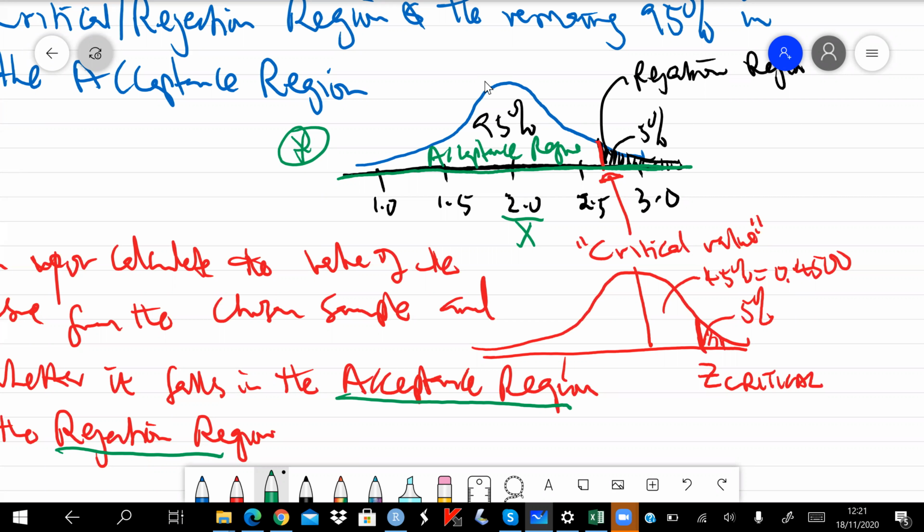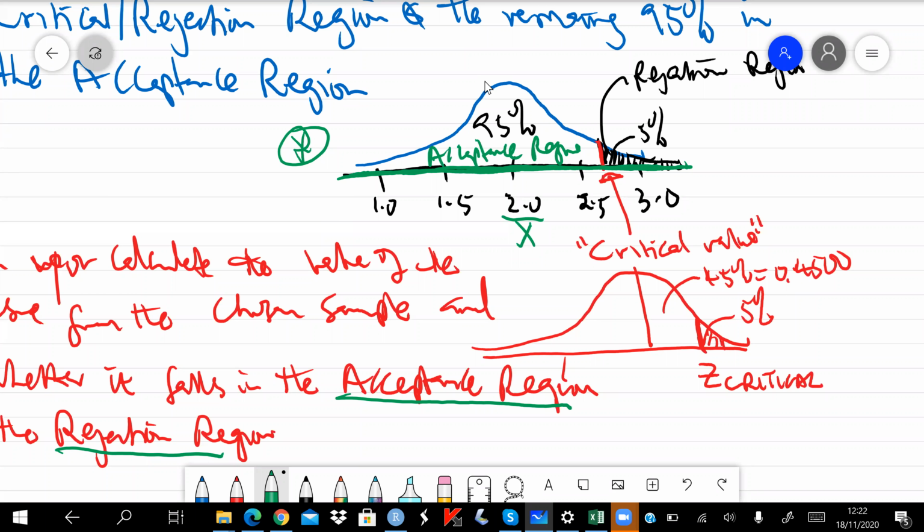It will either be in the unshaded part or in the shaded part. So that means it will either be in the rejection region or in the acceptance region. If the value of X bar that you've calculated falls in the acceptance region, you accept, in quotes, the null hypothesis. If it falls in the rejection region, you reject the null hypothesis.